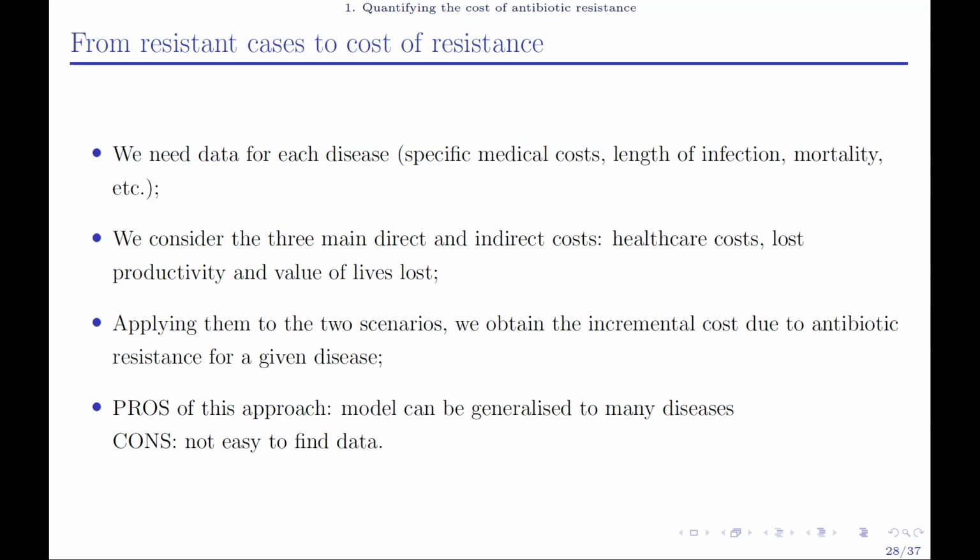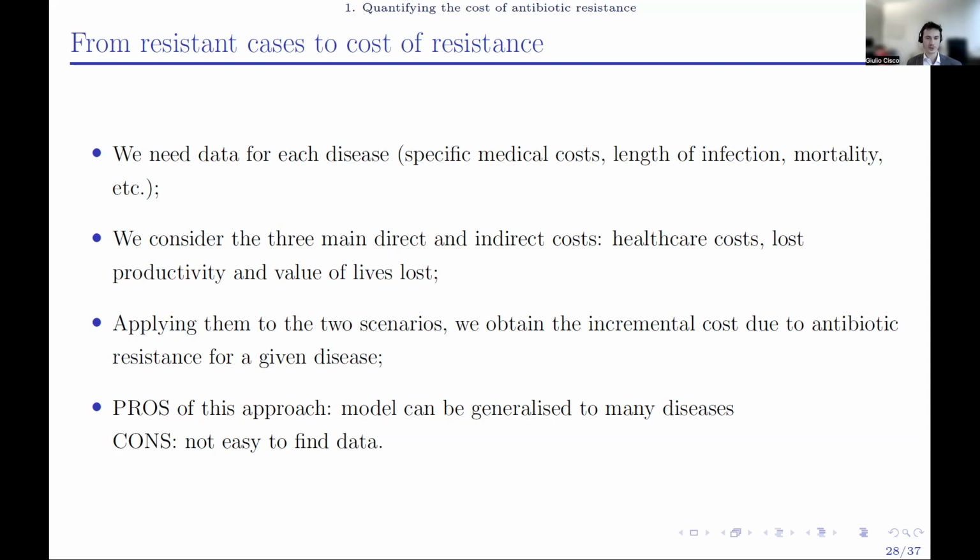Just for an exercise, of course you can consider all the possible costs, but we identified these three main costs: the healthcare costs that are direct, and also the loss of productivity that is indirect.